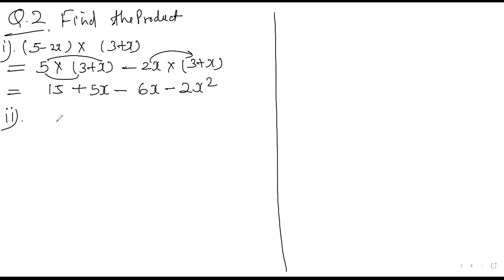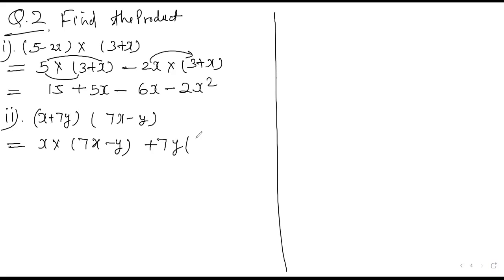Second part: x plus 7y and 7x minus y. It's very easy. x is multiplied with the whole bracket 7x minus y, and with the plus sign, 7y is multiplied with 7x minus y, right?